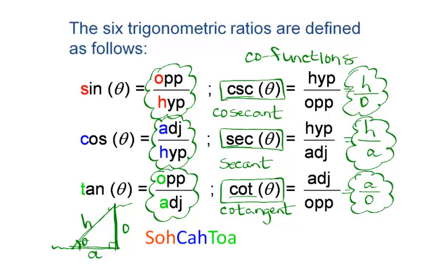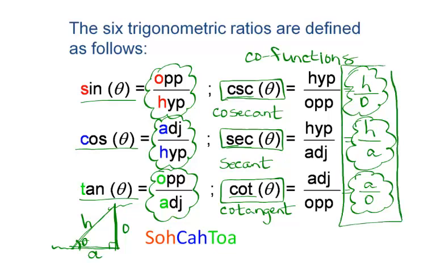So do the 3 big basic trig ratios have the same type of mathematical relationship with their own cofunctions? And the answer is yes. The cofunctions are the reciprocals of the original function.